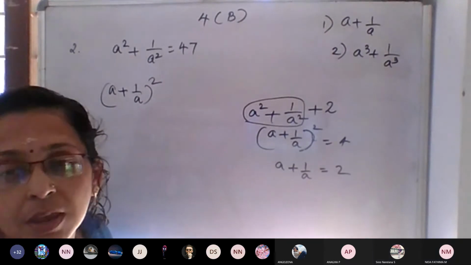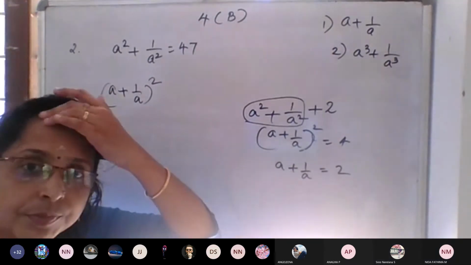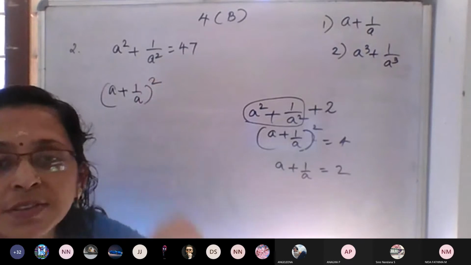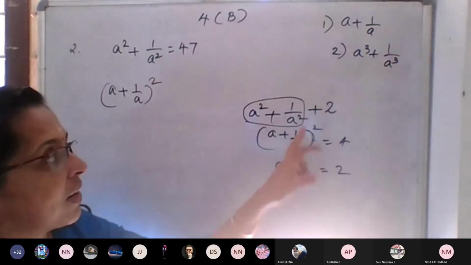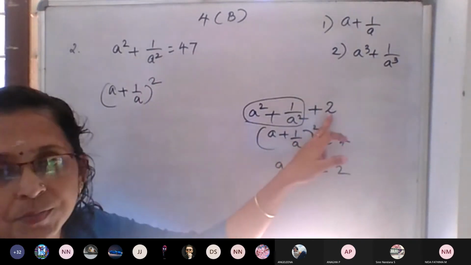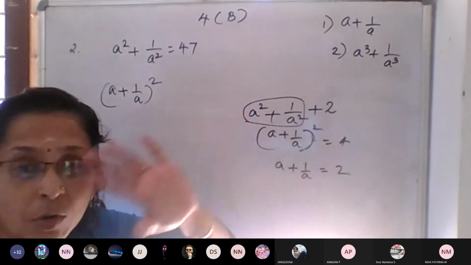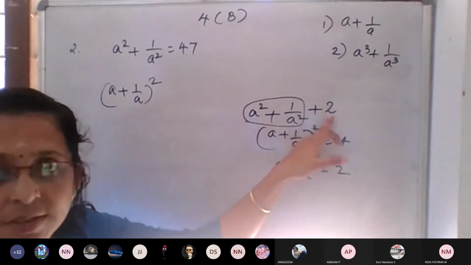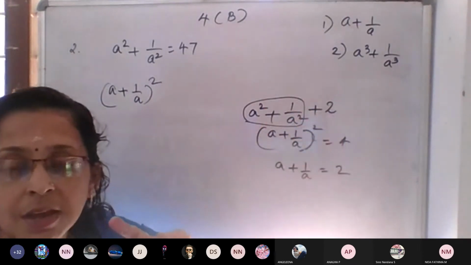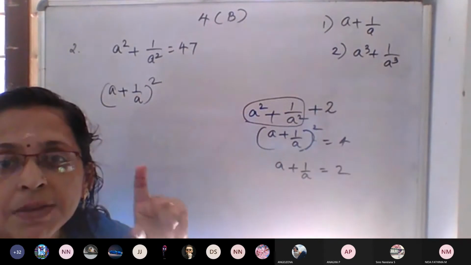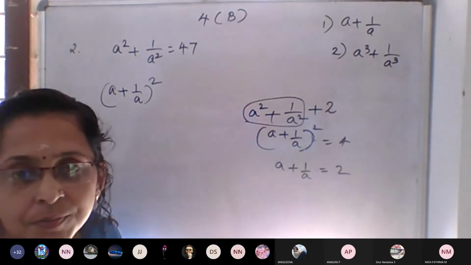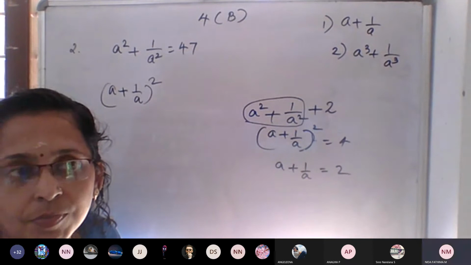Why? Because 2 is there in our expansion, isn't it? Listen to me properly, don't write anything. The 2 is there, then only we can write in terms of a plus 1 by a whole square, isn't it? Yes, ma'am.